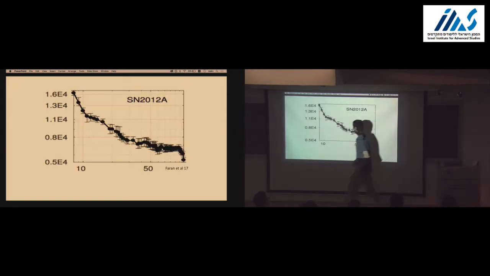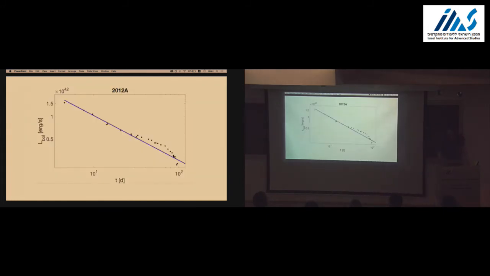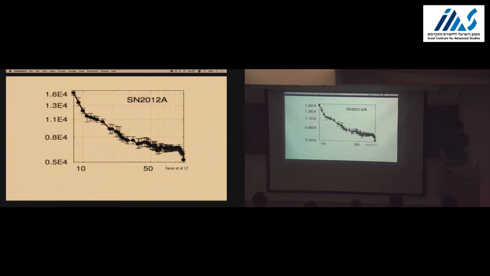At early times, the temperature starts at 16,000 Kelvin and goes down, roughly t to the minus 0.5. We are happy. But over here, somewhere about 30 days, you see something happens to the temperature as well, not only to the luminosity. Now I look and I see this is happening somewhere around 7,000 Kelvin.